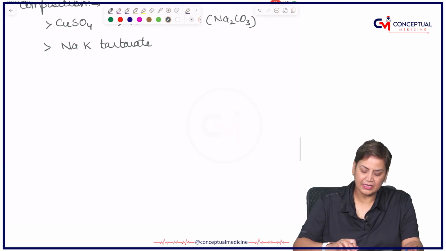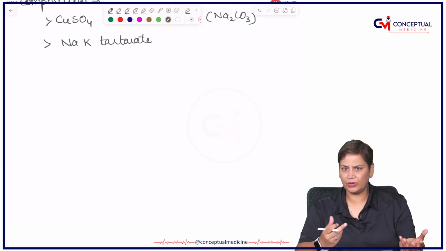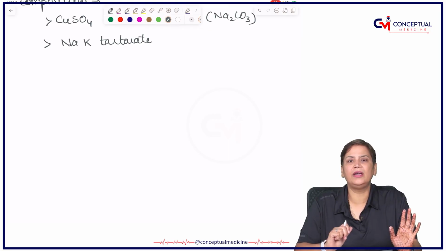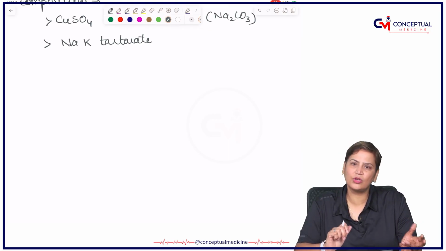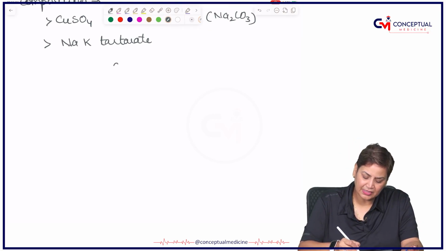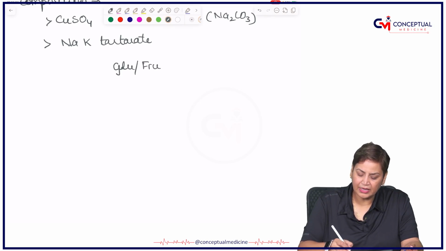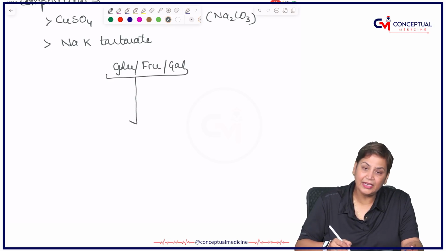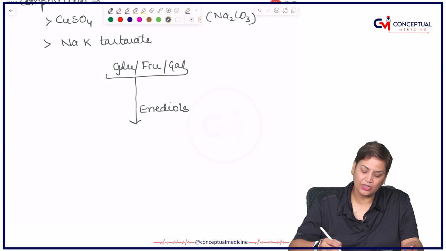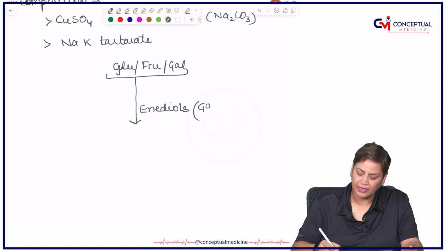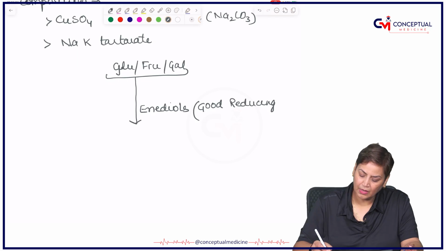So what happens is, in the urine, the predominant monosaccharides are glucose, fructose or galactose. So what will happen is this glucose, fructose or galactose, they have a tendency to form enediols. And these enediols are very good reducing agents.